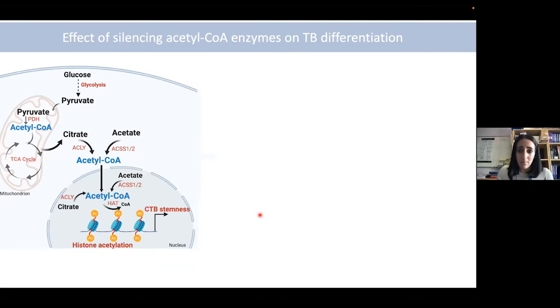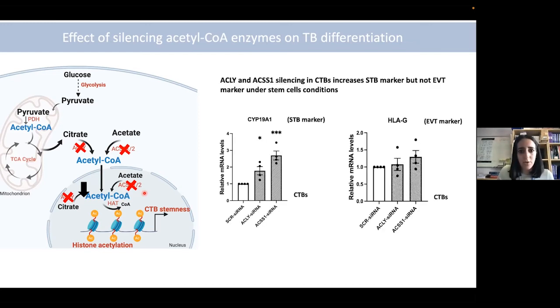In the same conditions, in an experiment where again we knock down these enzymes, the prediction was again for the acetyl-CoA to go down. But in this case, we measured the differentiation markers for both STB and EVT in stem cell conditions.